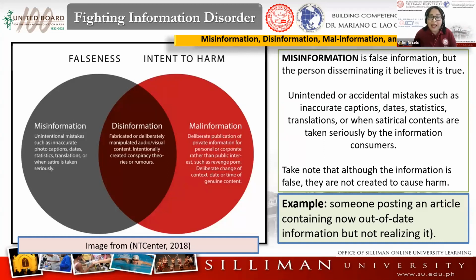But in reality, it's actually the most harmless type of information disorder. Why do I say so? Because it's false information, but the person disseminating or sharing the information believes it's true, and it's unintentionally done, or we say accidental mistakes.